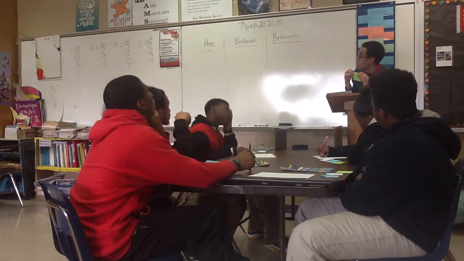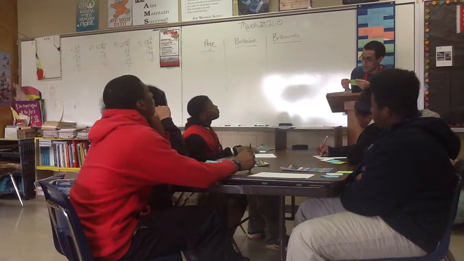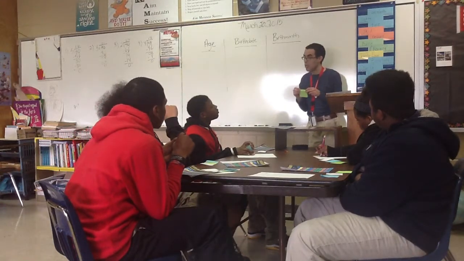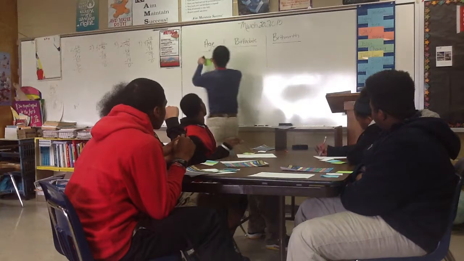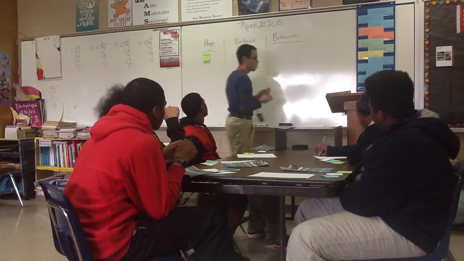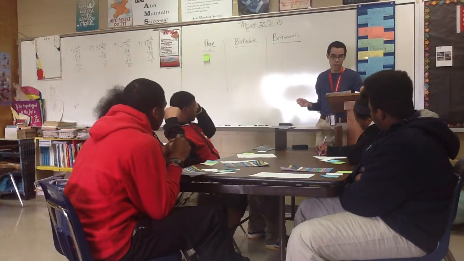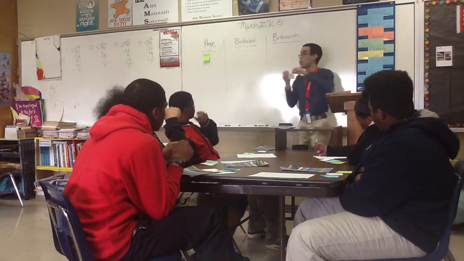So for example, I'll go first. I have age, and I'm 20, so I did 40 divided by 2, and I put that for my age. And then my birth date is the 6th, so I did 12 divided by 2.